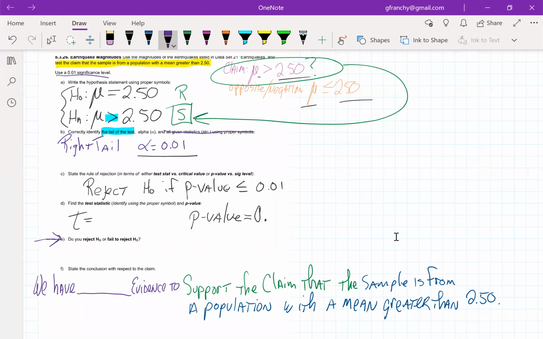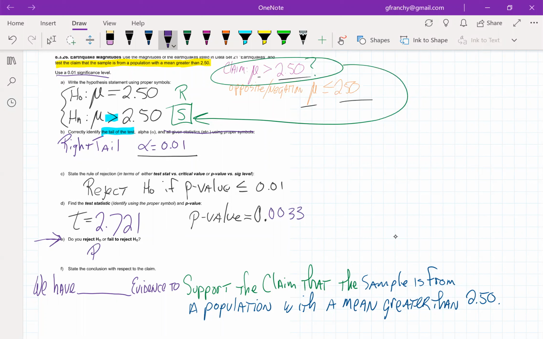So our T was 2.721. Our p-value was 0.0033. And again, I line them up because I've seen too many people try to compare the 3 against the 1. They're not in the same place value. We don't compare them. So our p-value was less than alpha.